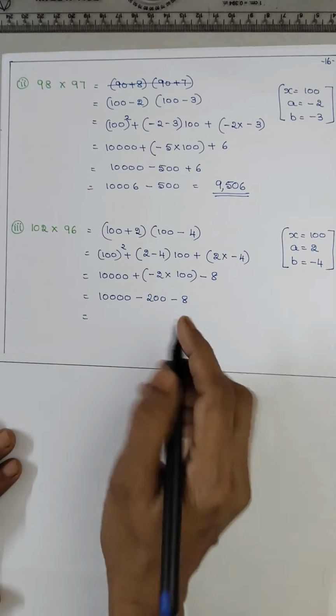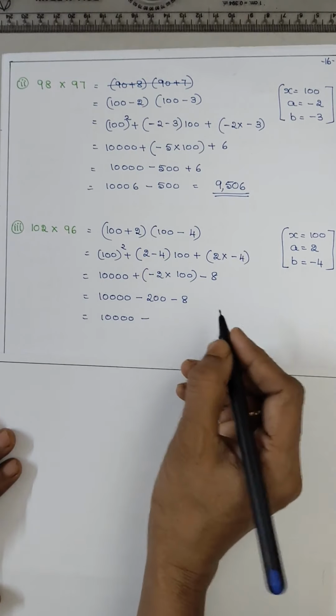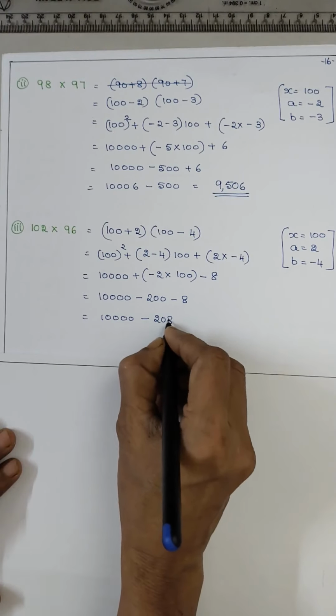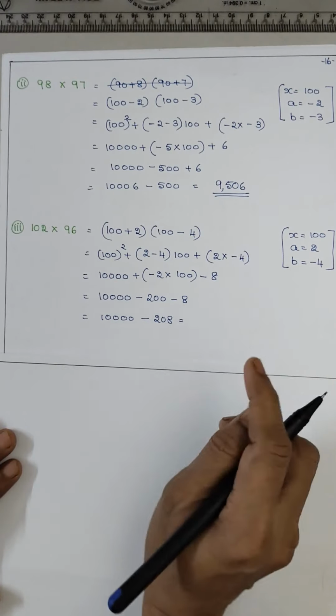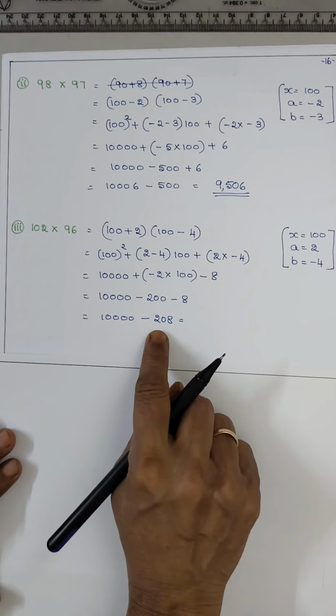Negative ones you add together, that means 10,000 minus 200 minus 8, 208. Isn't it? When adding negatives, this will come as minus 208.